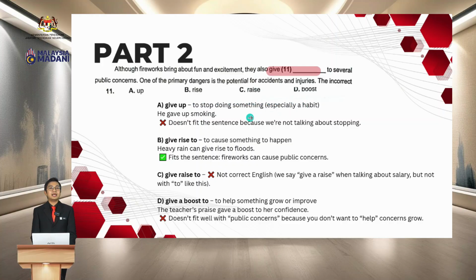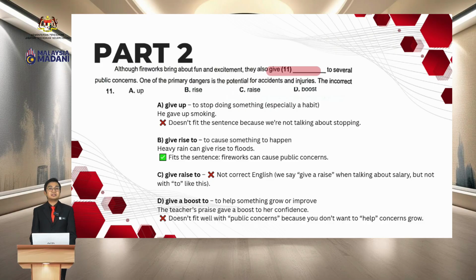Let's look at why the answer choices are wrong and why one of the answers is correct. Let's look at answer choice A, give up. When give is paired with up, it's a phrasal verb, so it has a different meaning. Give up means to stop doing something, especially a habit.